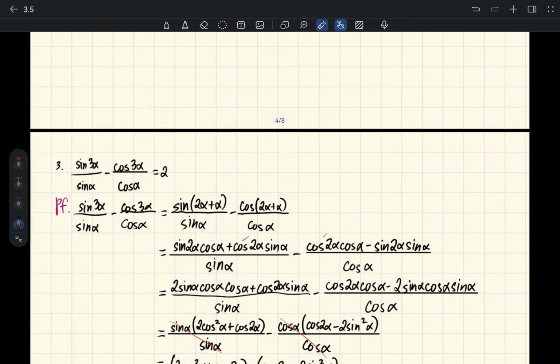So observe that tangent of alpha plus beta equals tangent of alpha plus tangent of beta all over 1 minus tangent alpha tangent beta.